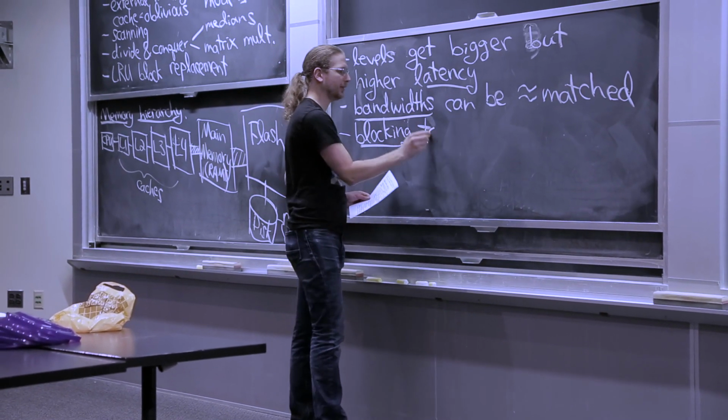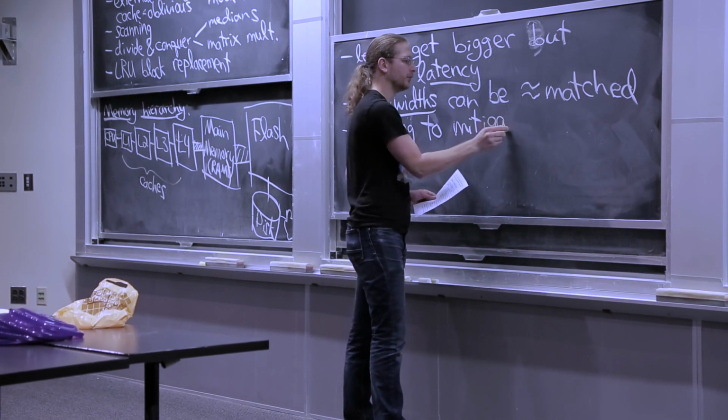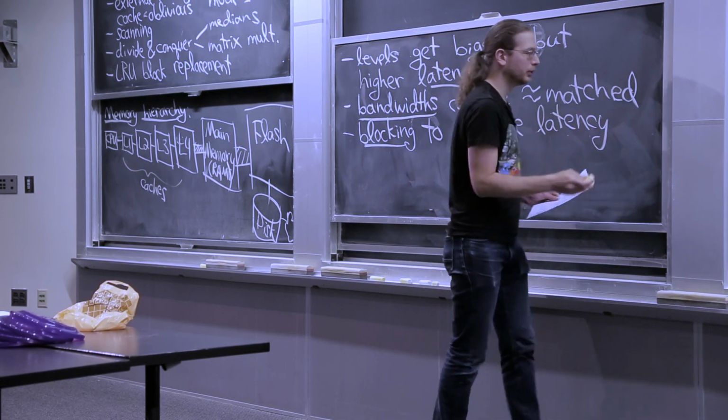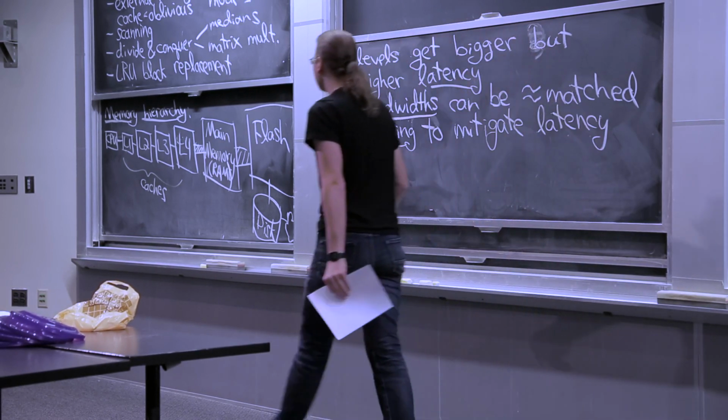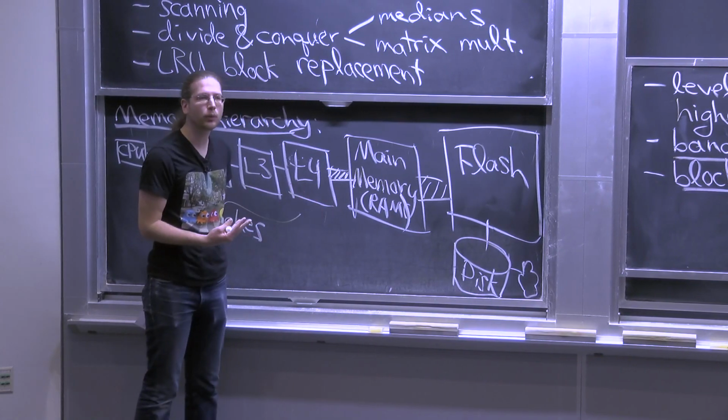This is an old idea. Since caches were introduced, there's the idea of blocking. So when you ask for a single word in main memory, you don't get 1 word.